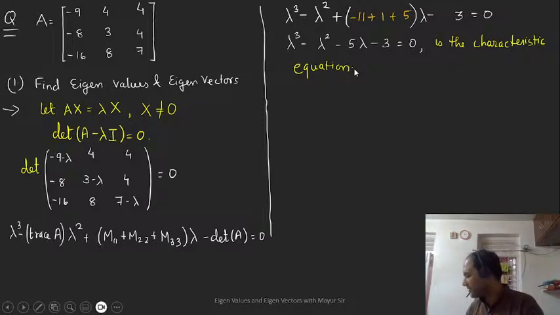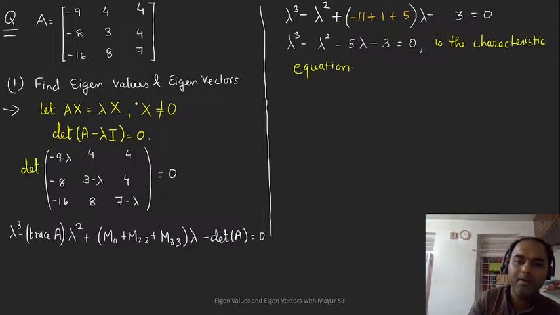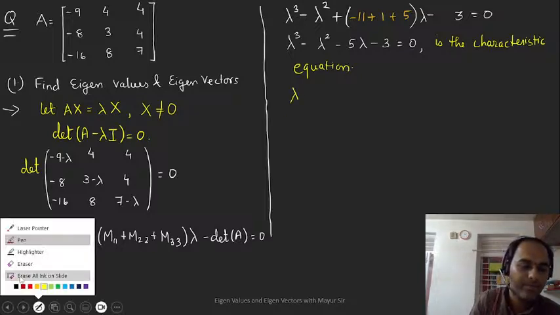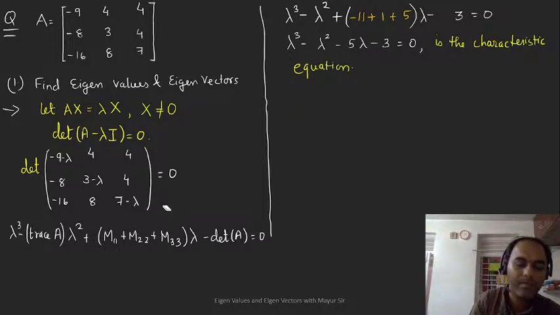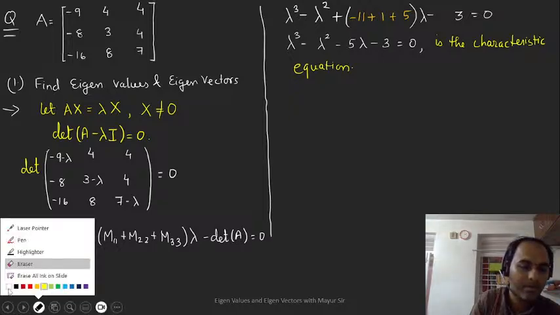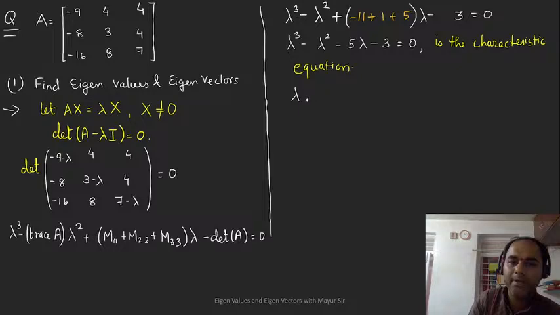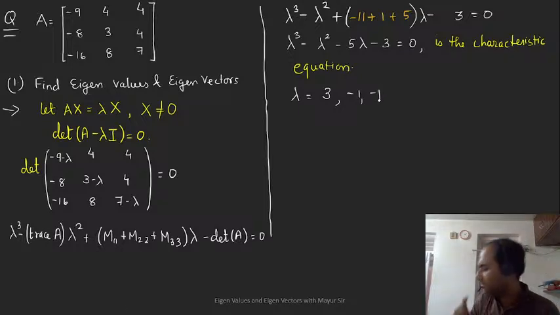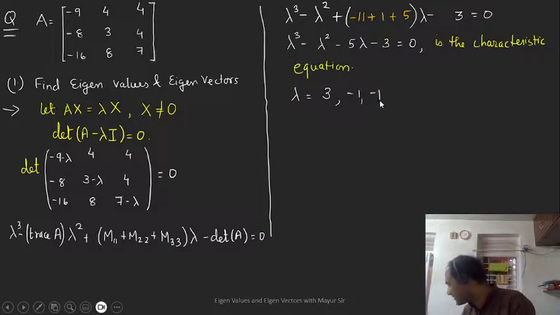Do you get lambda equal to 3, minus 1 and minus 1? You must get minus 1.